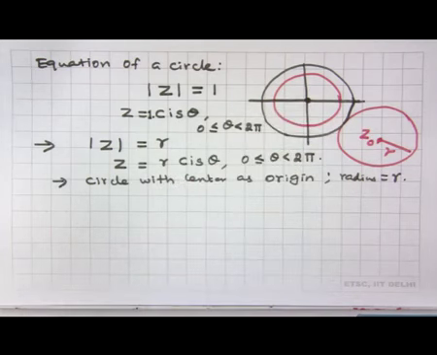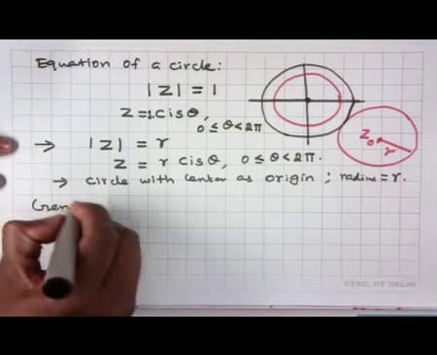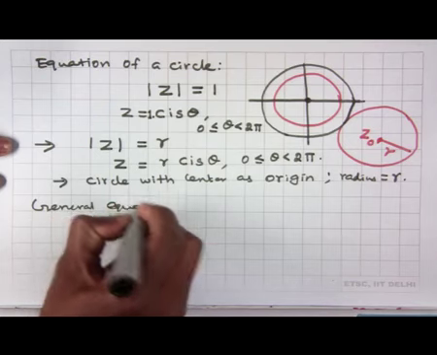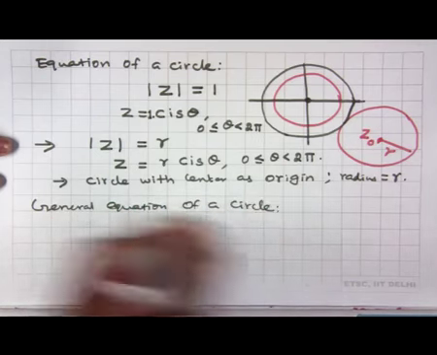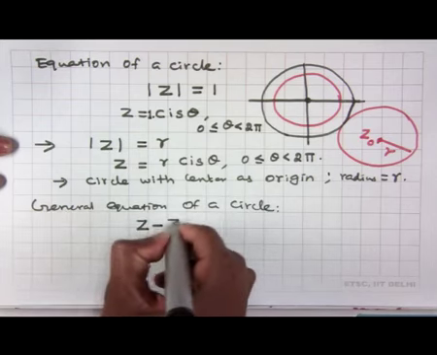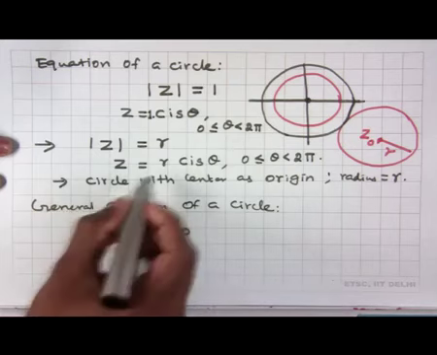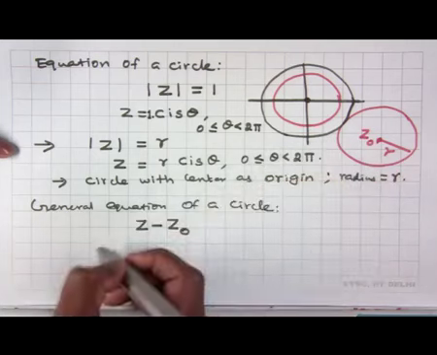The general equation of a circle can be realized by just shifting the given circle by z0.